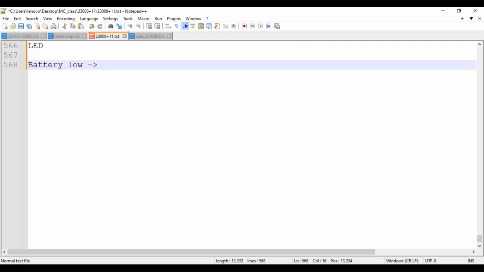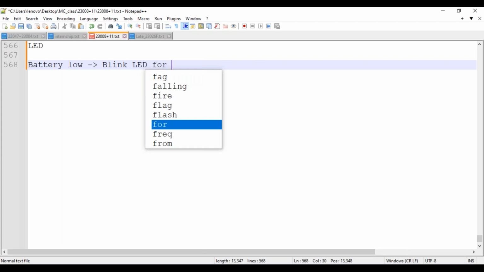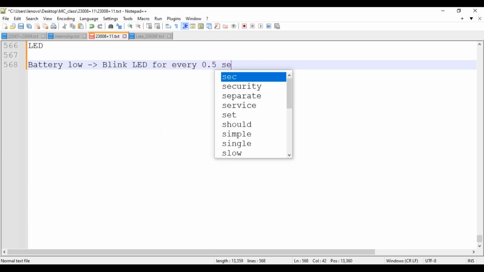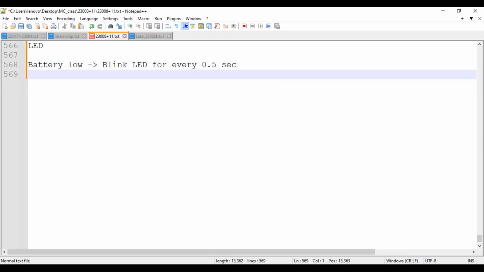I can blink the LED every 1 second to represent one error, every 2 seconds to represent another error, or 5 times to represent another. So assume battery low is indicated by blinking the LED every 0.5 seconds, half a second.